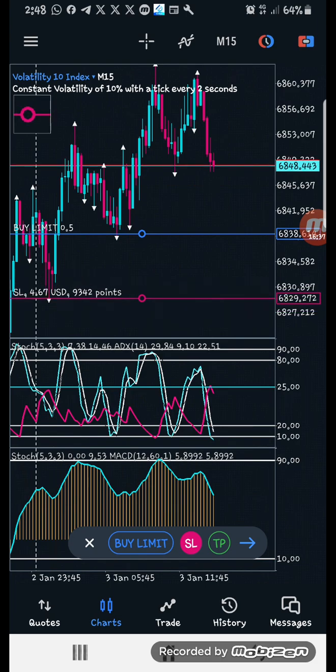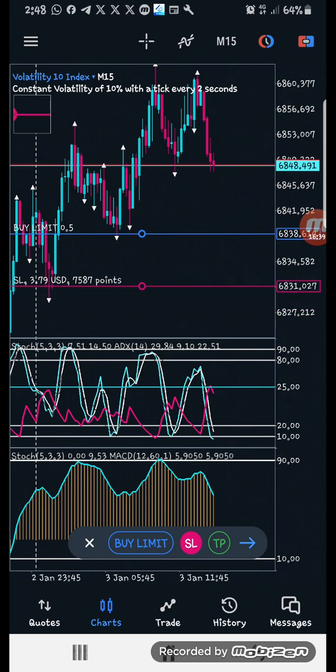Myself, I'll place my stop loss below the signal candle, because based on my research and experience, the market does not ever go back to break that line below the signal candle.